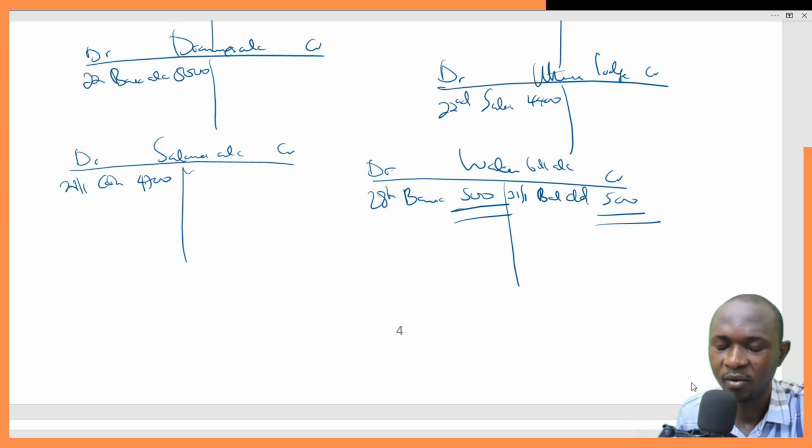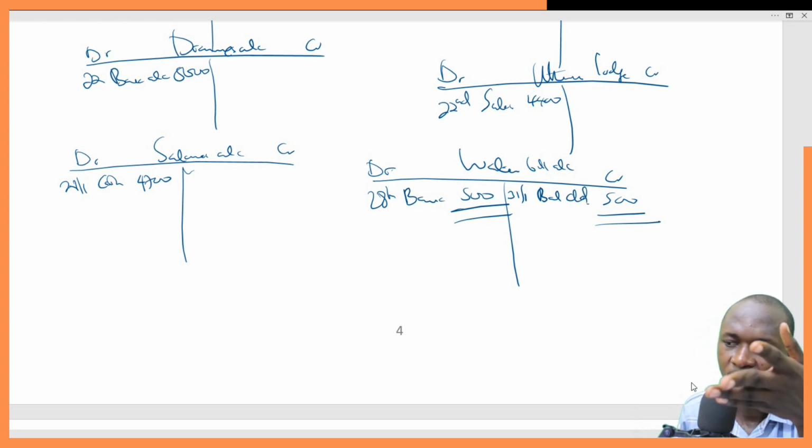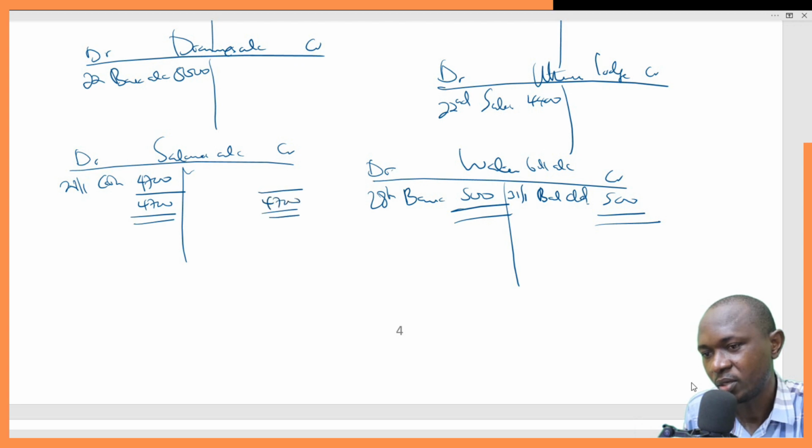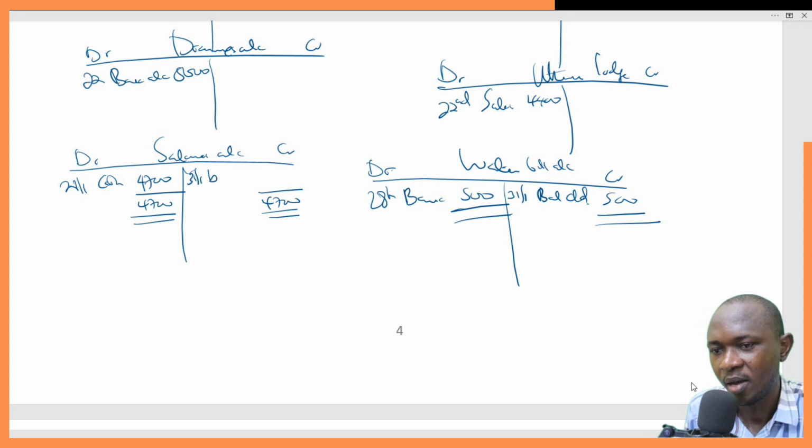Alternatively, the other way of closing it is to get the totals, 4,700, 4,700. Then you say 31st January balance carried down is 4,700. Then you come here and say on 1st February balance brought down will be 4,700.